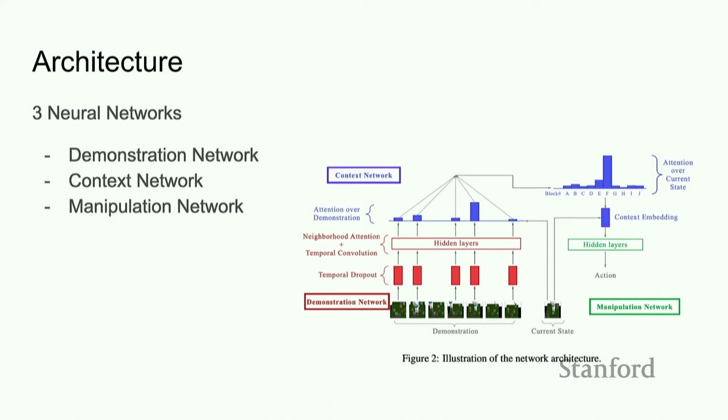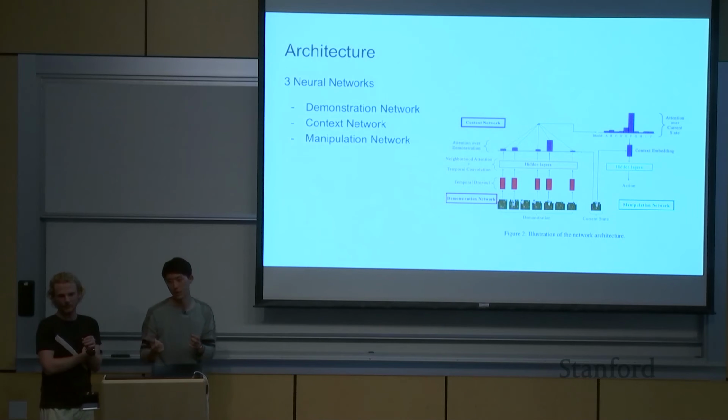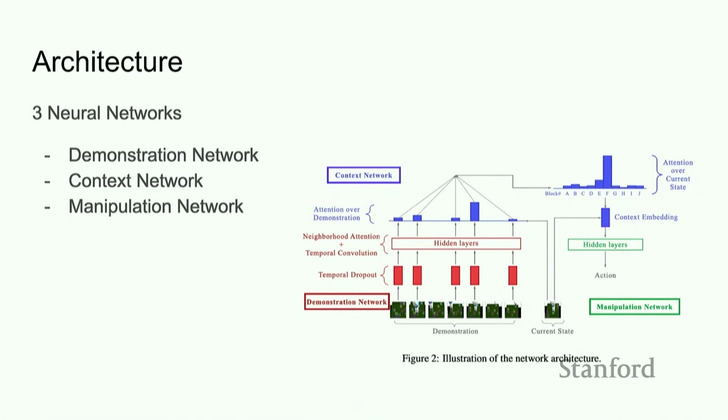That's what allowed us to have variable length inputs. For example, at the attention over demonstration stage, we'll still have variable length. But after the context network, we end up with an aggregated fixed-size dimension that they can process to produce the action.